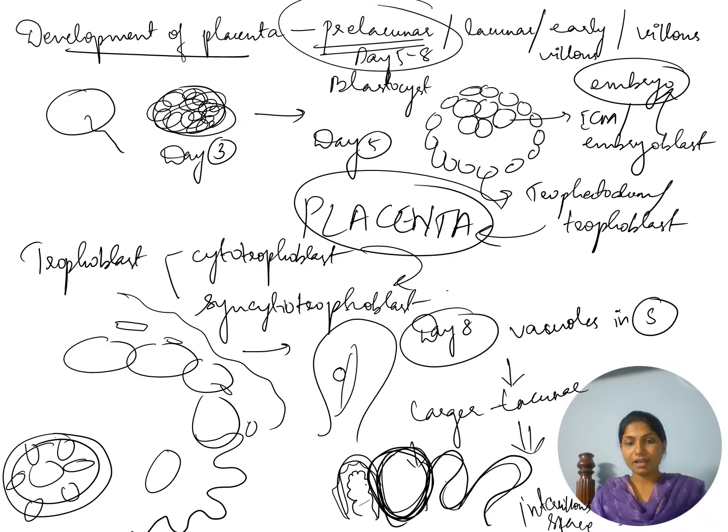So these villi are formed and the outer layer is the syncytiotrophoblast, whereas the inner layer is a mononucleated cytotrophoblast, and the lacunae which is formed is nothing but the intervillous space. So this is the lacunar phase. This lacunar phase occurs between day 8 and day 13 of fertilization.